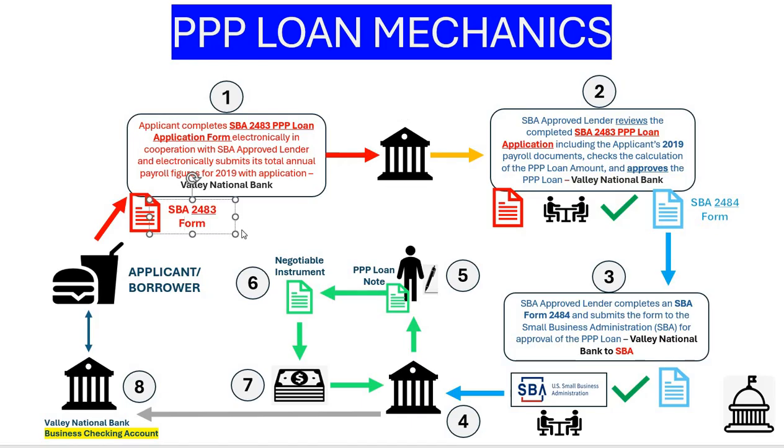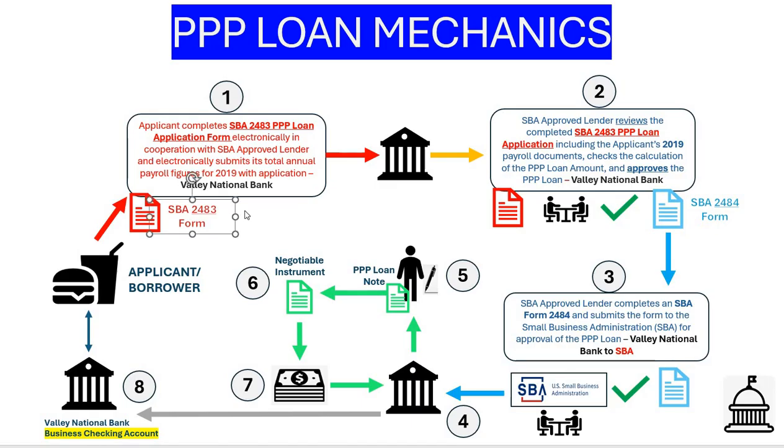It does so by filling out a form, depicted here in red, that the SBA created during 2020 when the PPP program was created by the CARES Act, the Coronavirus Aid, Relief, and Economic Security Act, which was created on March 27th of 2020. The CARES Act created the PPP loan program.